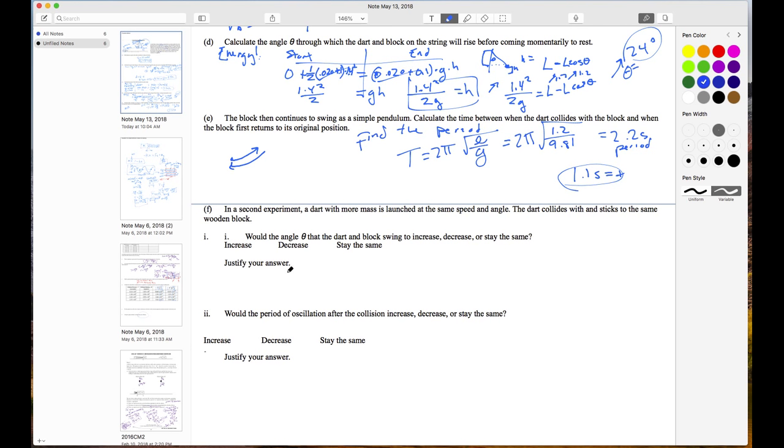And so the angle would have to increase, greater speed, is a greater height, which yields a greater angle.